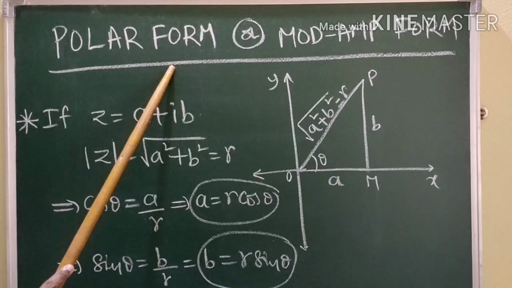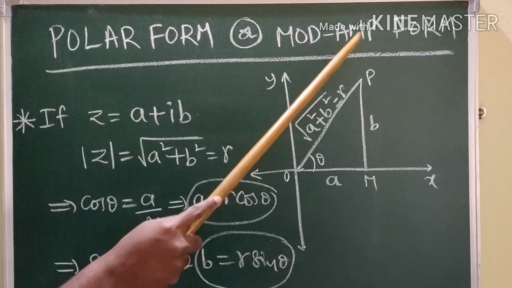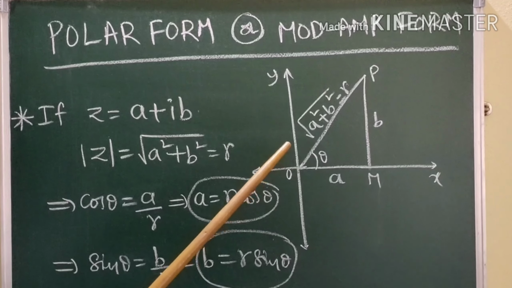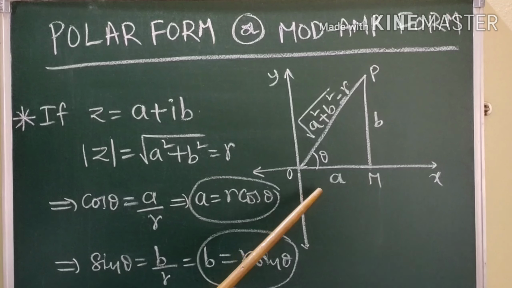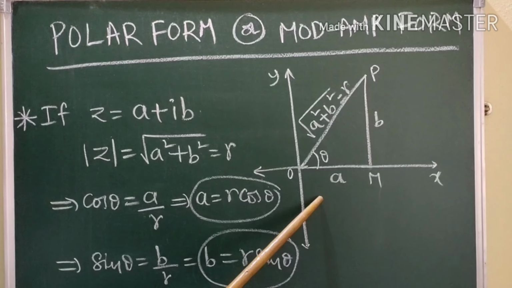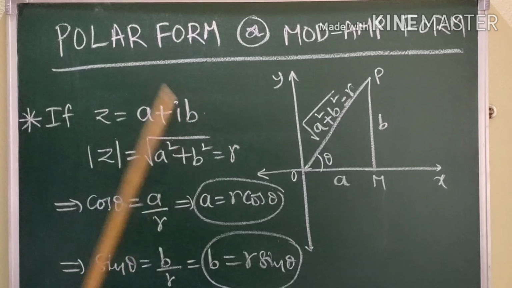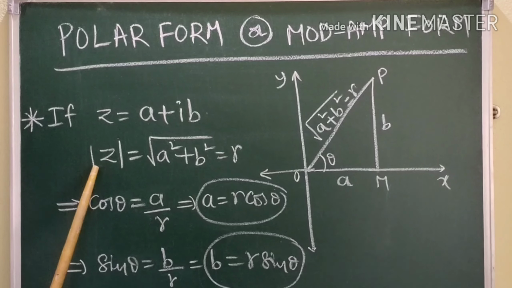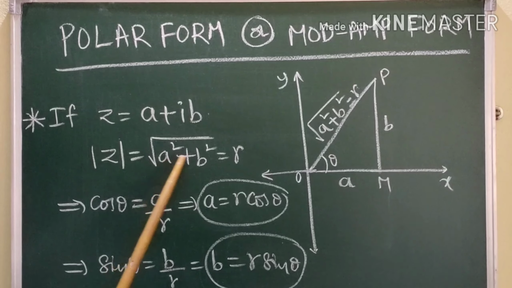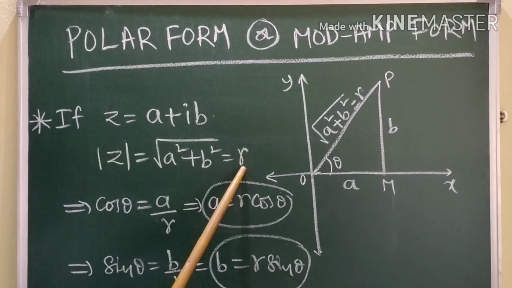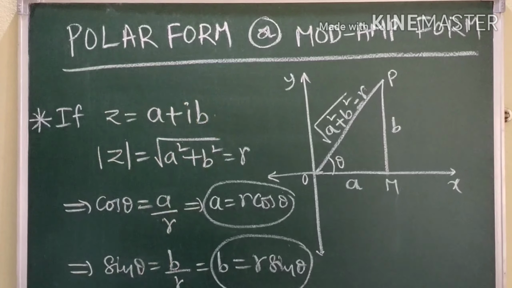Polar form, or mod-amplitude form, of a complex number. Already we discussed the graphical representation of a complex number. If z is equal to a plus ib, then mod z is equal to root of a square plus b square, that is equal to r, called the modulus of the complex number.